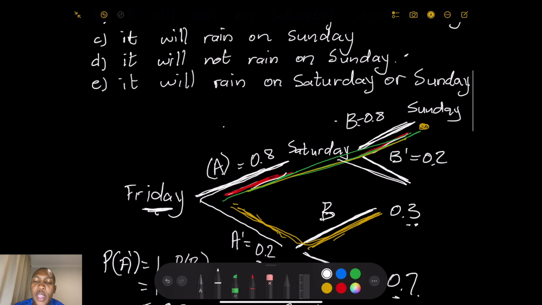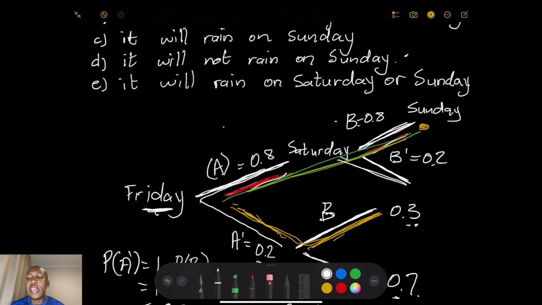All right. Right. And then the last one, they say, what will be the probability that it will rain on Saturday or Sunday? Right? Now, in this case, I want you to please think about it, right? So every time that we are using or, remember that, we kind of are including all the possibilities.